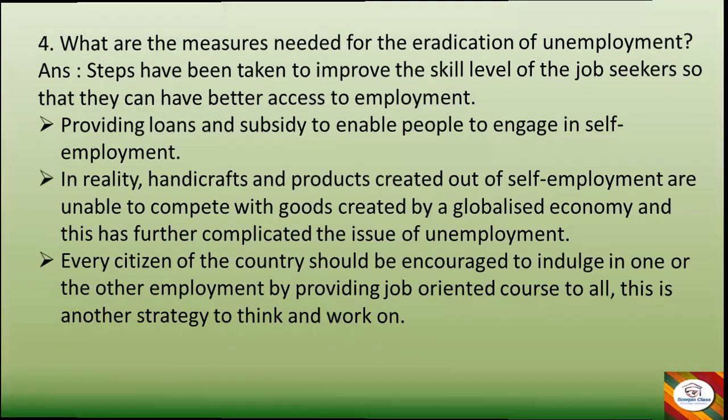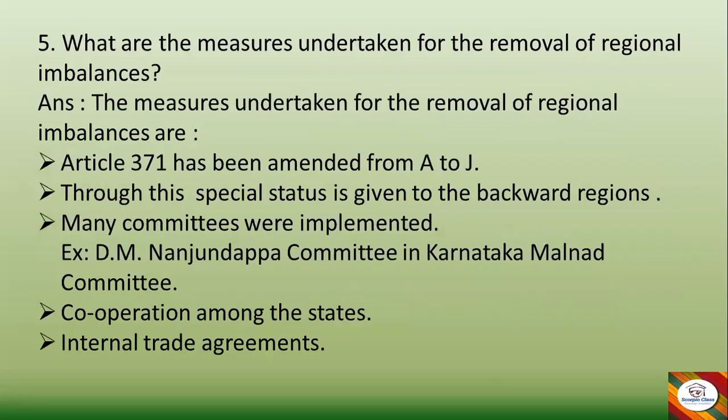Moving to the next question. What are the measures undertaken for the removal of regional imbalances? Answer. The measures undertaken for the removal of regional imbalances are: Article 371 has been amended from A to J. Through this, special status is given to the backward regions.